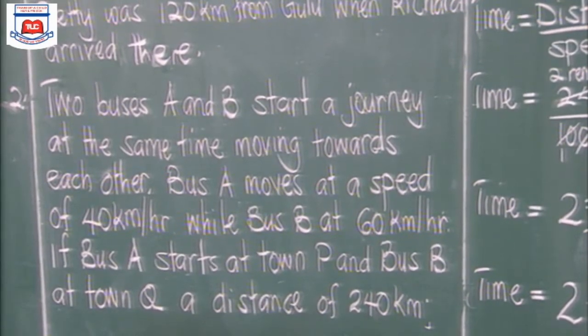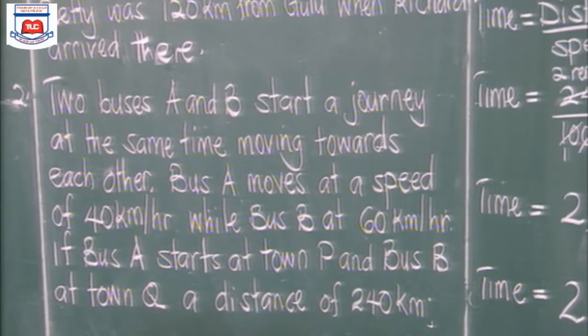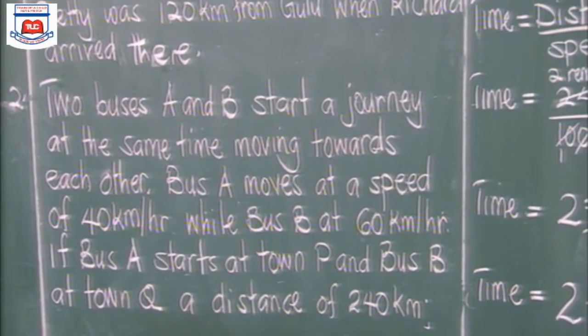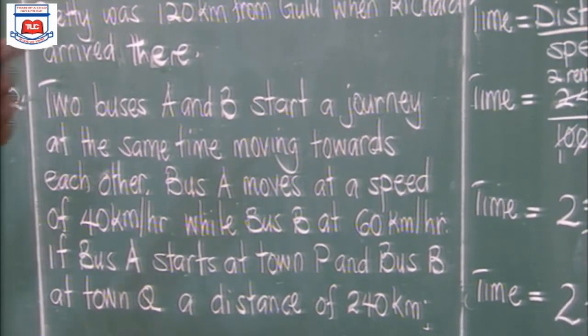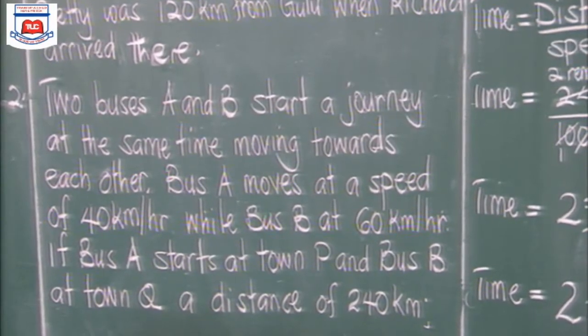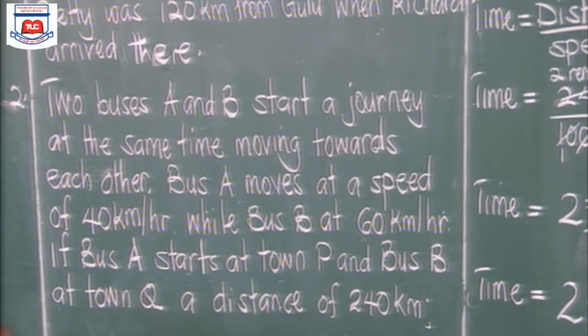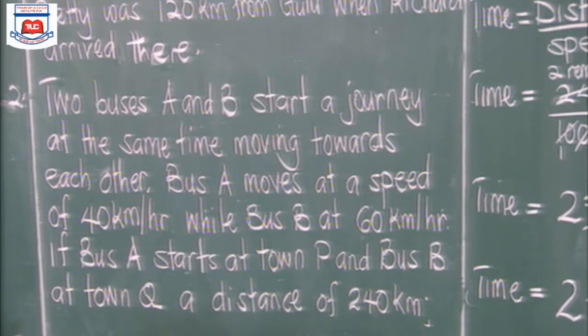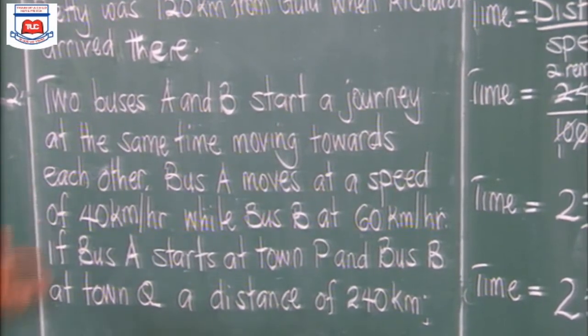The meeting point will be the entire 240 kilometer journey done. Why? One will come from Q, another one will come from P, and they meet. So the journey done by B added to the journey done by A at the meeting point will make the entire journey.